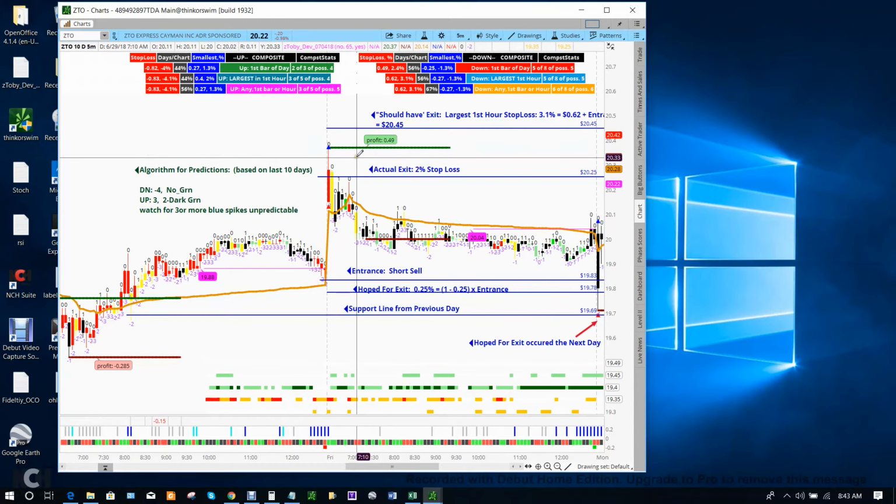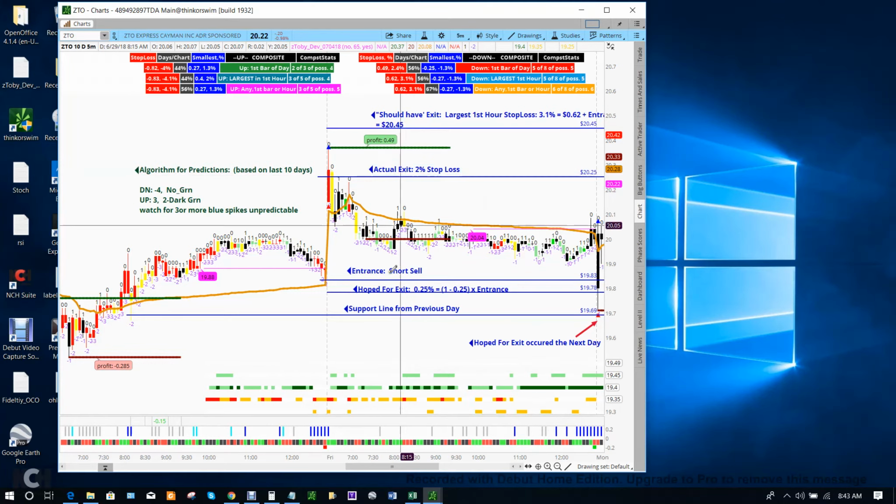Hope that makes sense. Now let me explain again. This purple line is my entrance price, the line right there. That's where I actually entered that day. I hope to get 0.25%. So this was my limit, and this was my actual stop loss.